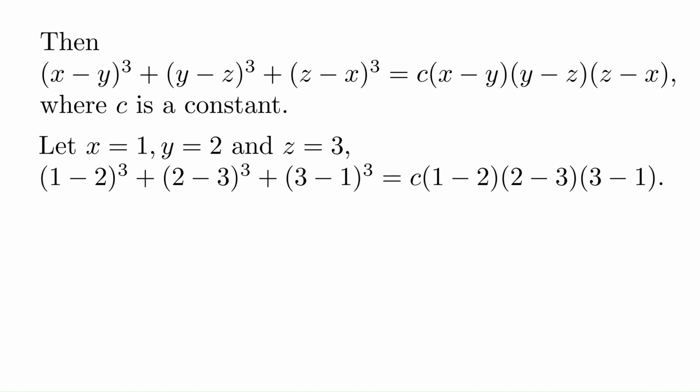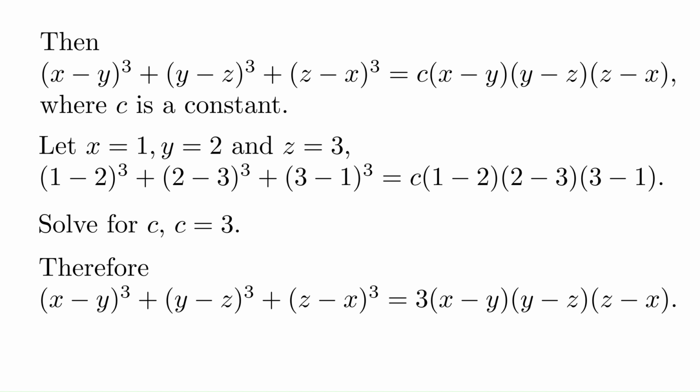So for c, we get c equals 3. You can try other values for x, y, and z. You will also get exactly the same value, c equals 3. Finally, the factoring of the polynomial is 3 times (x minus y) times (y minus z) times (z minus x).